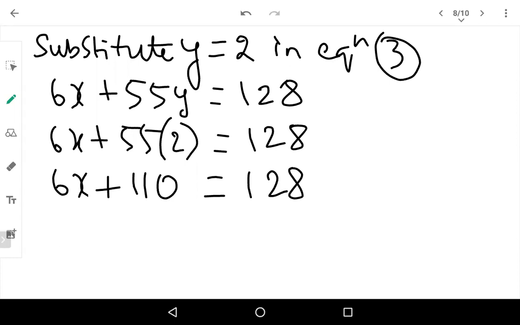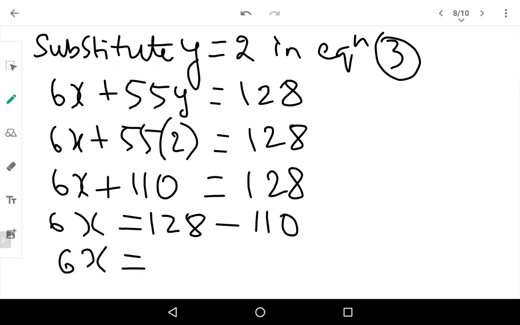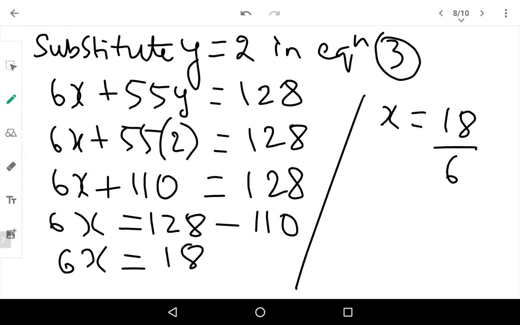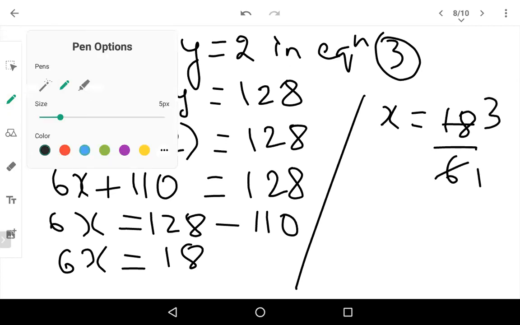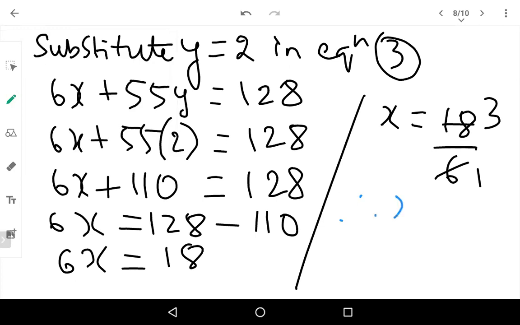Now I can take 110 to the other side. So 6x is equal to 128 minus 110. So 128 minus 110 will become 18. x is equal to 18 by 6. 6 ones are 6, 6 threes are 18. So therefore, x is equal to 3.